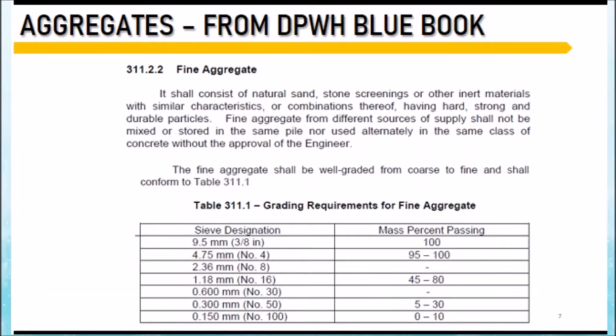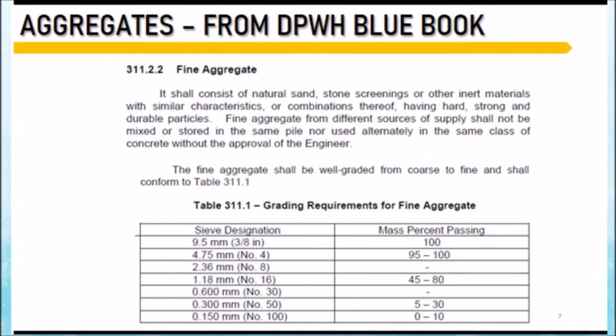So it shall consist of natural sand, stone screening, or other inert materials with similar characteristics or combinations thereof, having hard, strong, and durable particles. Fine aggregates from different sources of supply shall not be mixed or stored in the same pile, nor used alternately in the same class of concrete without the approval of the engineer.